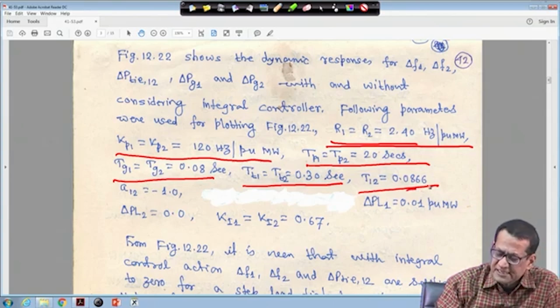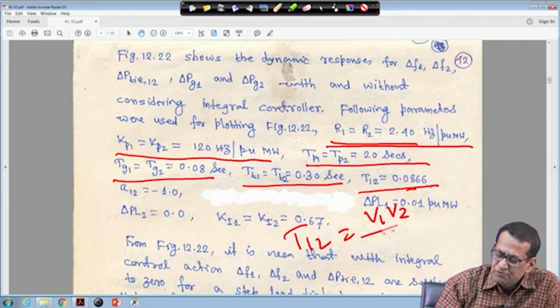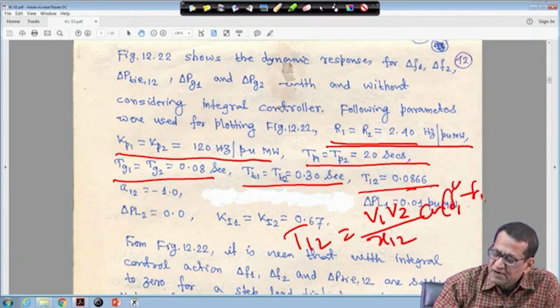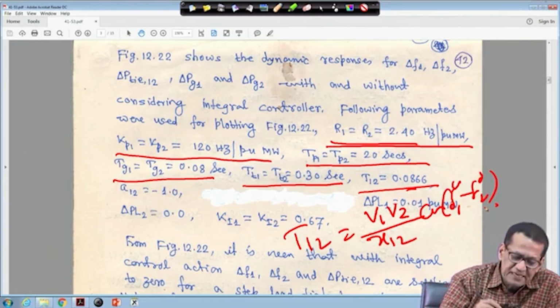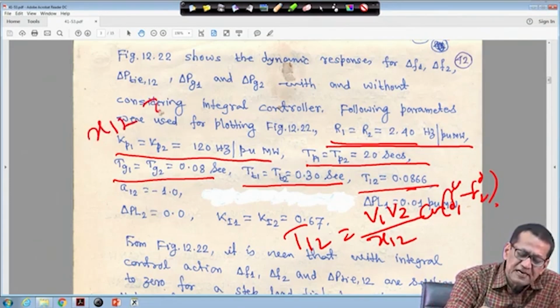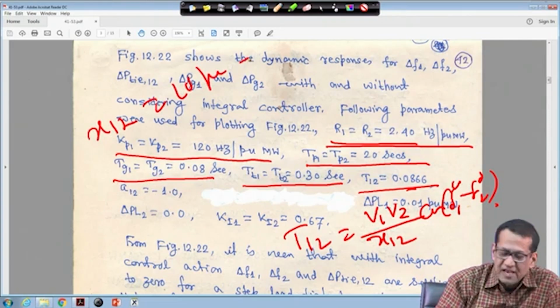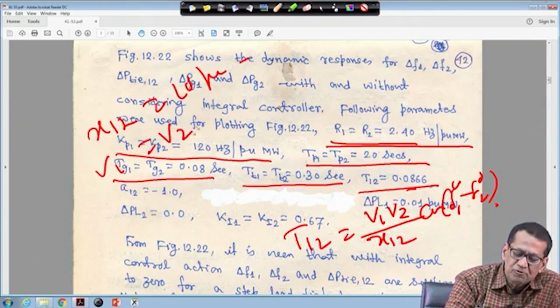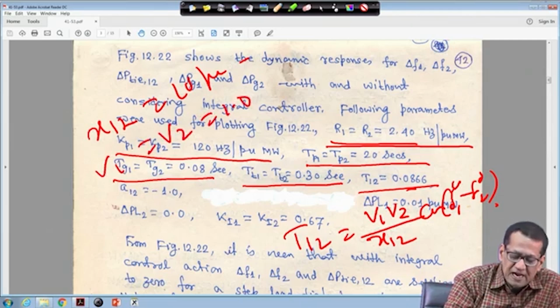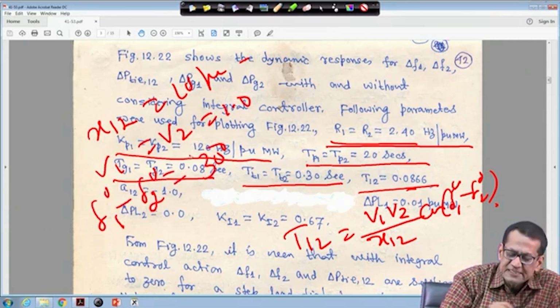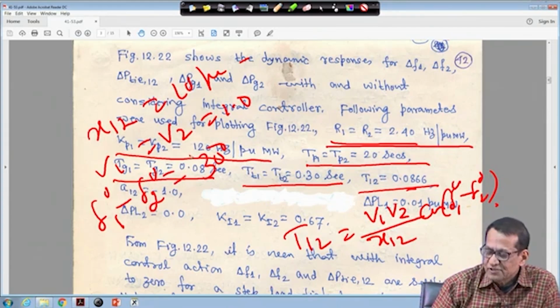Actually, how this was taken: T12 is equal to V1 V2 upon X12 times cosine of delta1_0 minus delta2_0. We have taken X12 is equal to 10 per unit, and V1 is equal to V2 is equal to 1.0, and delta1_0 minus delta2_0 we have taken 30 degrees, right.